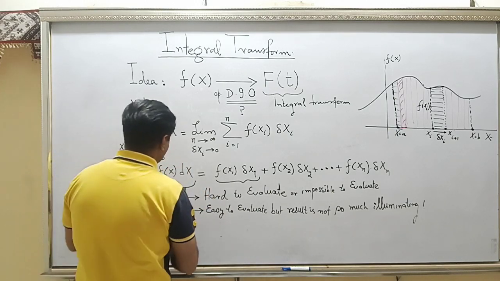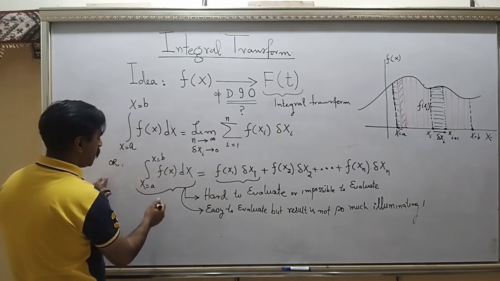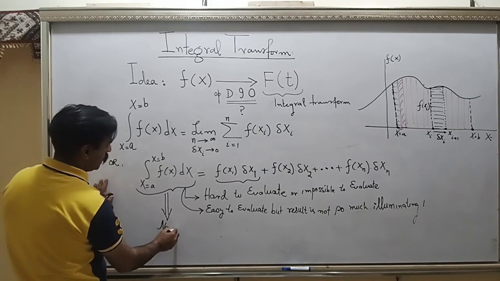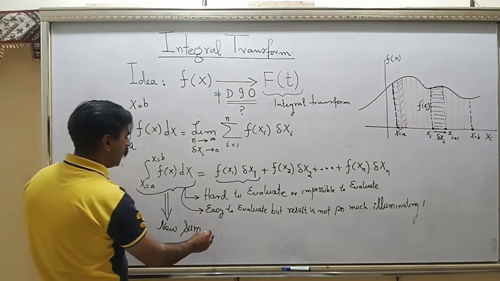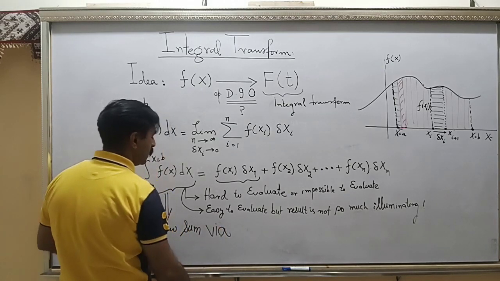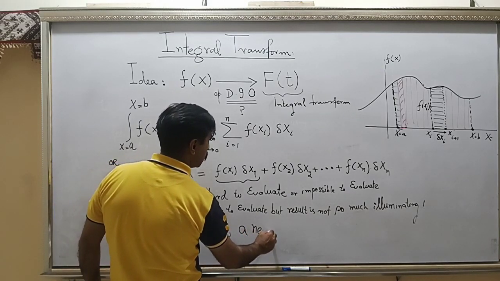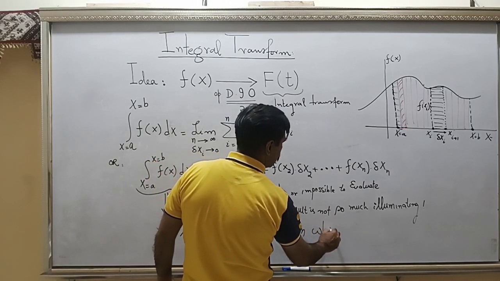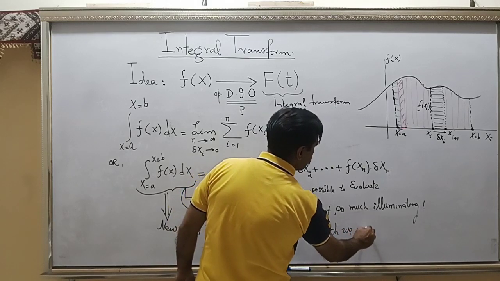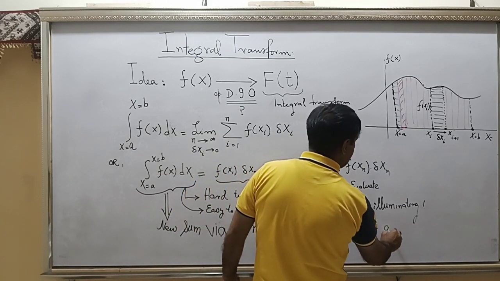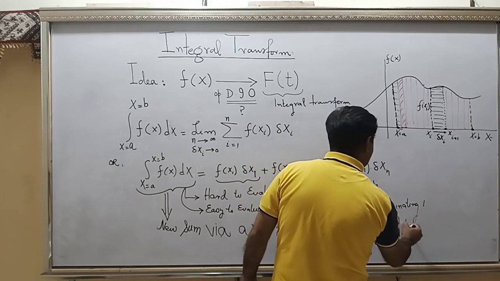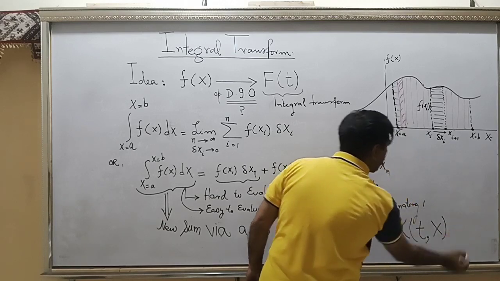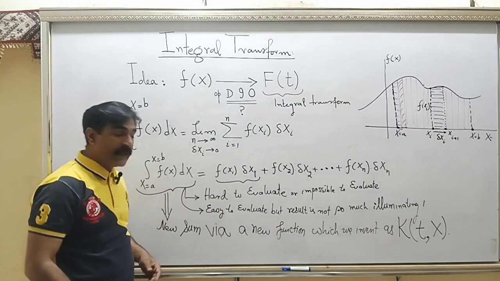And for this purpose, let's do this new sum via a new function which we invent as k, which is a function of the new variable t and the old variable x, right?